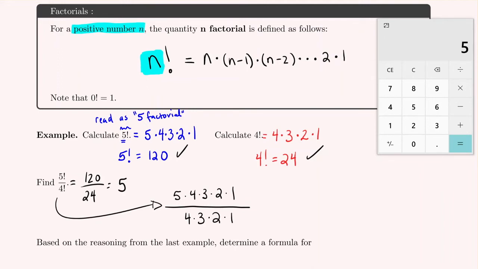And an important mathematical rule to keep in mind is if we have a fraction that has the same thing in the top and the bottom, and there's just multiplication in between, then you can cancel common terms. So the 4 above cancels with the 4 below, the 3 above cancels with the 3 below, 2 above cancels with the 2 below, 1 above cancels with the 1 below. So the only thing left is this 5 term. And that's why 5 factorial divided by 4 factorial is just 5.